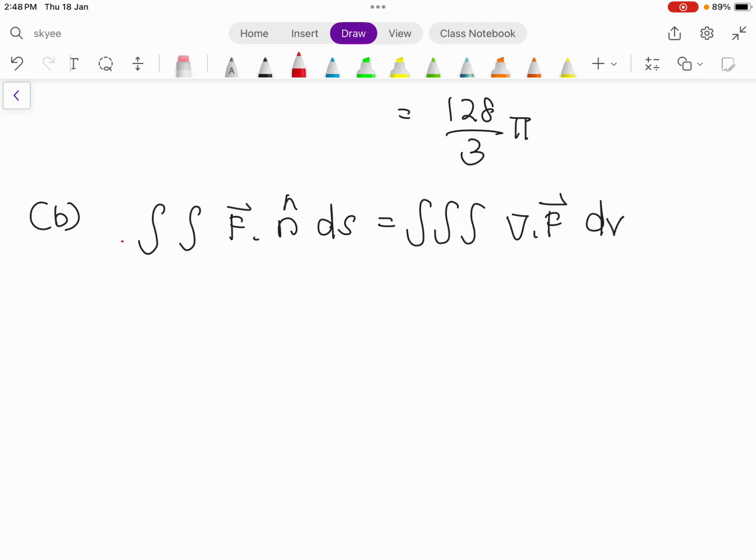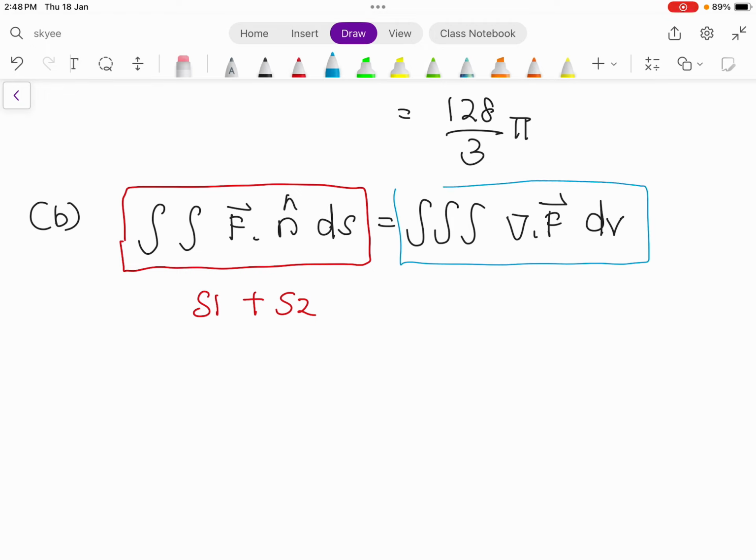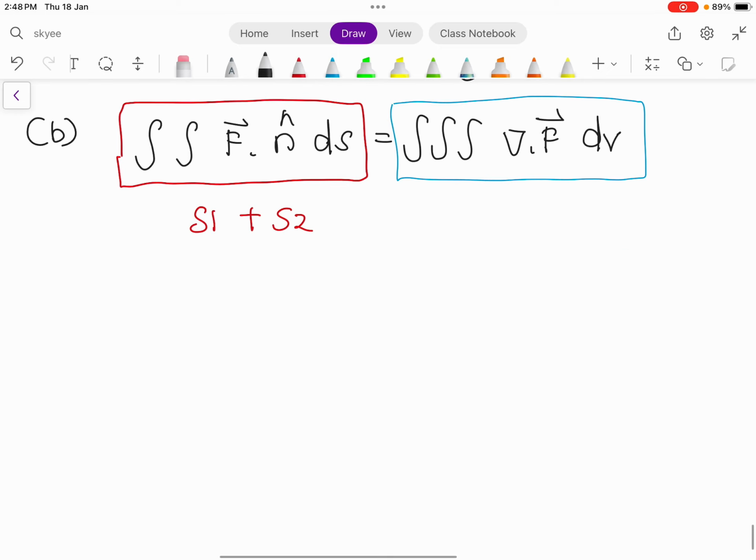Just now in question A, we completed the left hand side, because it has two surfaces, surface 1 and surface 2, we add them together. Now in this question B, we need to solve using the Gauss theorem at the right hand side. You can see it is the divergence of the vector F. So the first thing you have to do is find the divergence. So let's find the divergence.